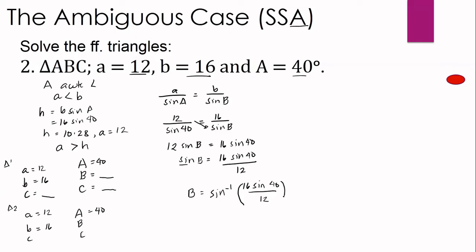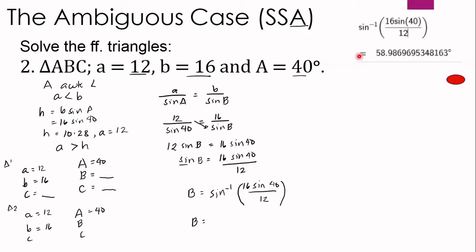Using your calculator, pwede nyong kunin ang value ng 16 sine 40 and then over 12 and then sine inverse. Pero pwede naman natin yang isolve isa-isa or isolve at once using your calculator. So pag gumamit ng calculator, ito ang pipindutin: sine inverse, 16 sine 40 over 12.